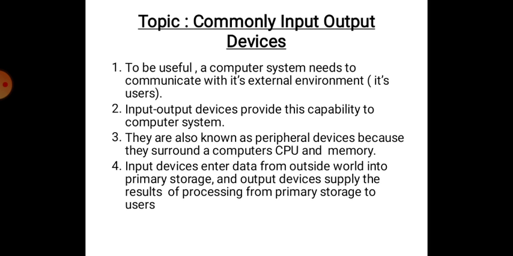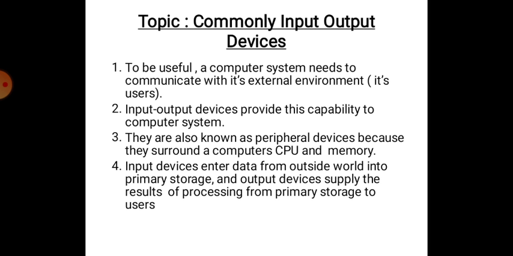Point number 3, they are also known as peripheral devices because they surround a computer's CPU and memory. Students, you very well know the main basic components of a computer system are CPU and memory. Memory is the place where data and instructions are stored, and CPU is the place where processing is carried out.